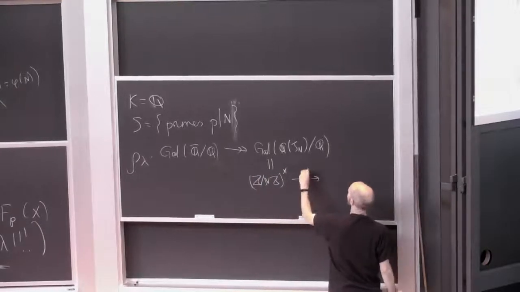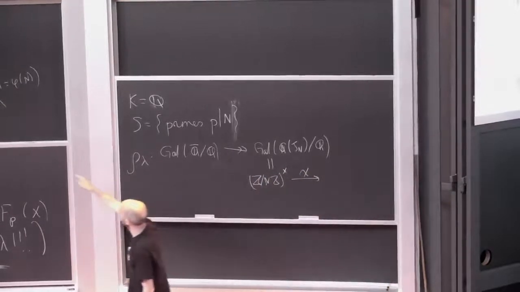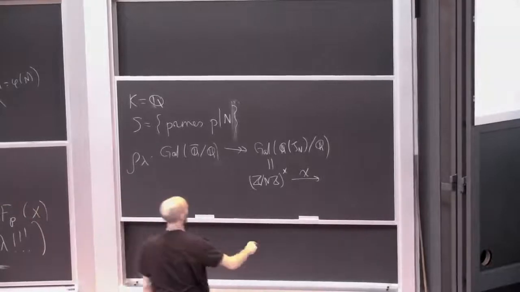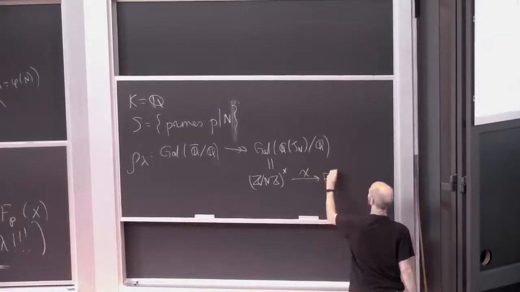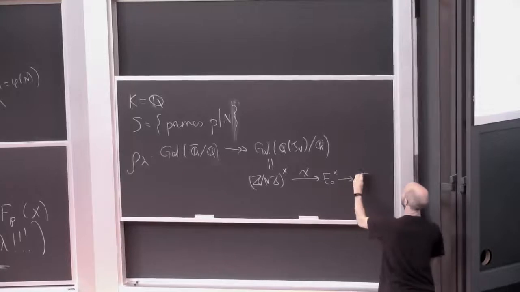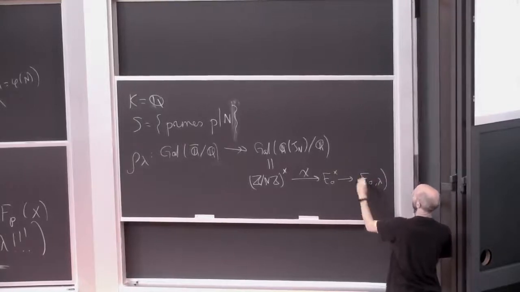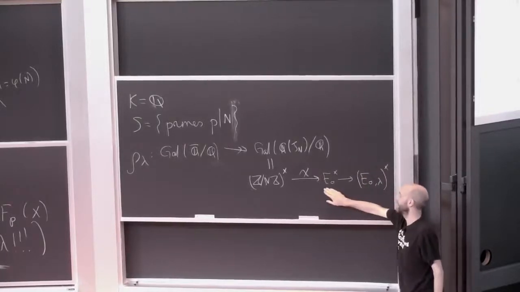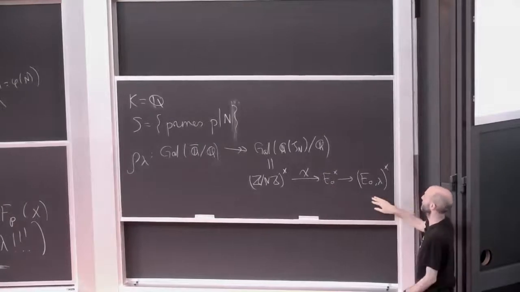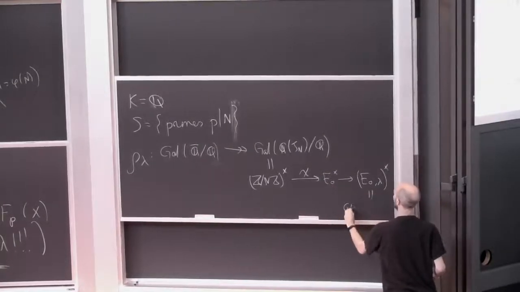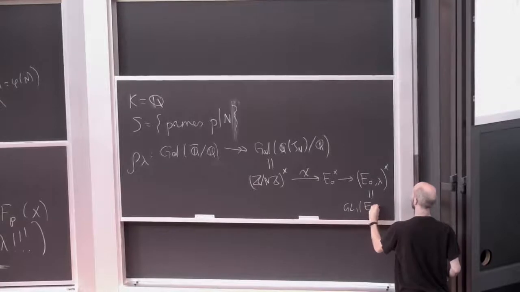And that goes by chi to C star, except I've rigged it so it lands in E0 star, and then that goes into E0 completed at lambda star. Like if that's the rational numbers, that's just the p-adic numbers, the l-adic numbers, and that's GL1 of E0 comma lambda.